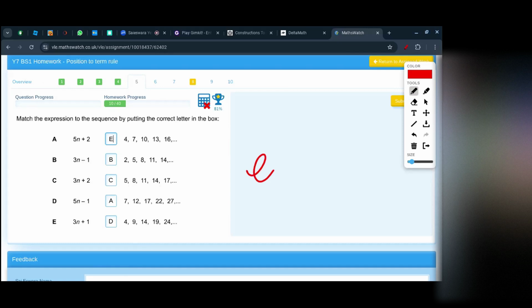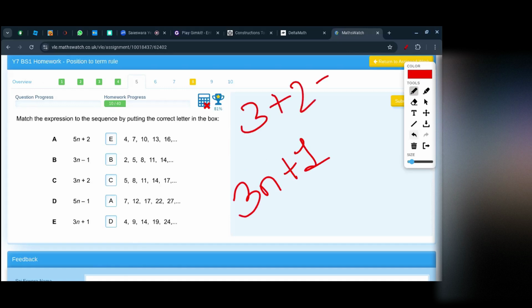Put n equal to 1, 3n plus 1, which is 4. For n equal to 2, there is 3 times n plus 1, 3 times 2 plus 1, should be 7.